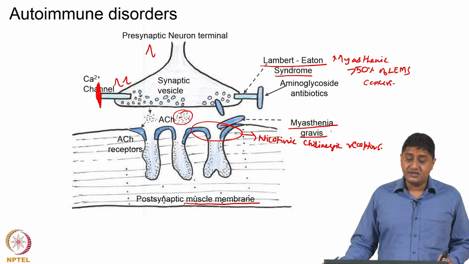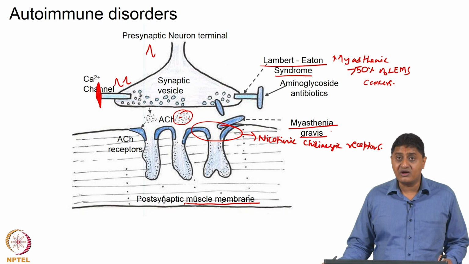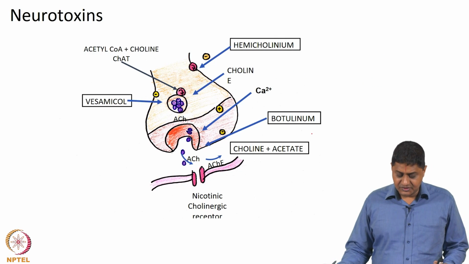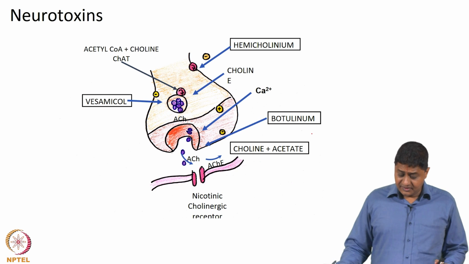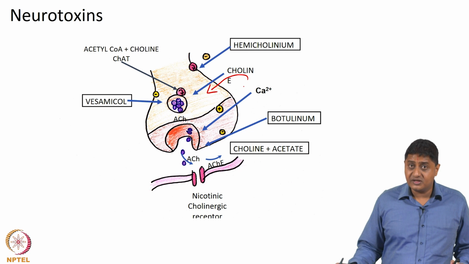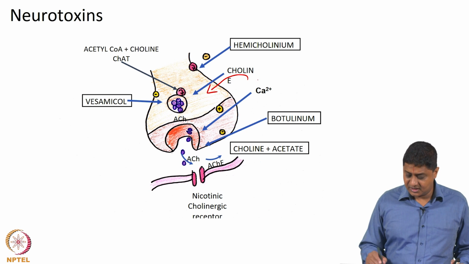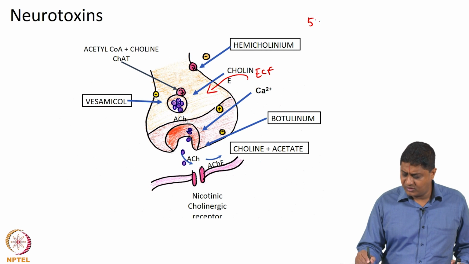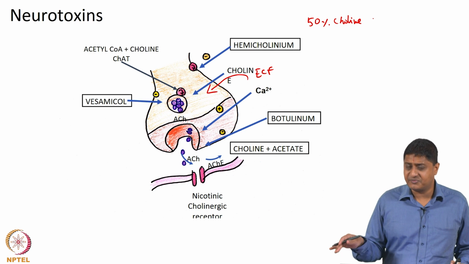Now let us discuss the role of neurotoxins and how they affect function at the neuromuscular junction. There are several places where things can go wrong. Let us remember choline is entering the system through the choline reuptake system, from the extracellular fluid to the presynaptic terminal. Only about 50% of the choline is reuptaken.